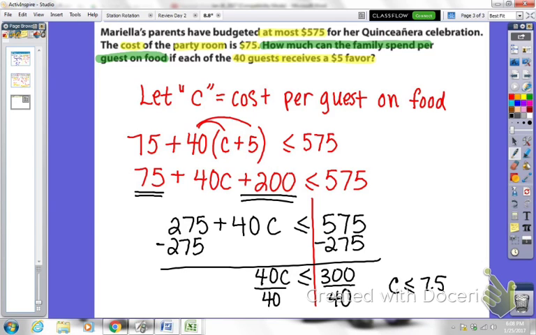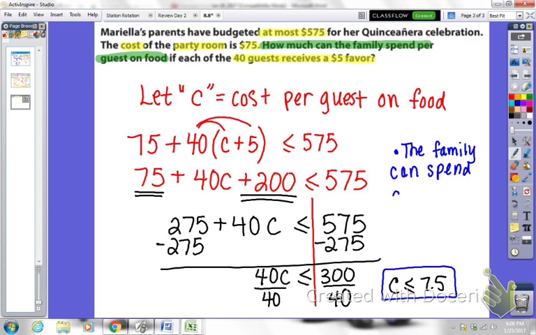That's not your final answer, so always reread the question. How much can the family spend per guest on food? Well, if this is what you got as an inequality answer, you need to interpret that. So that means the family can spend at most $7.50 per guest on food.